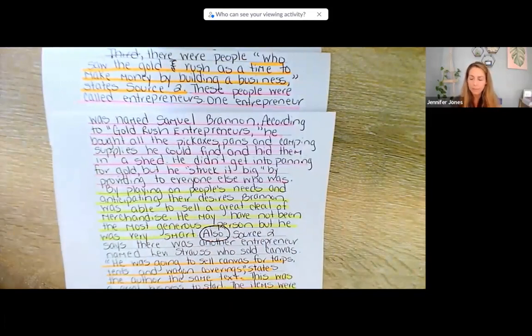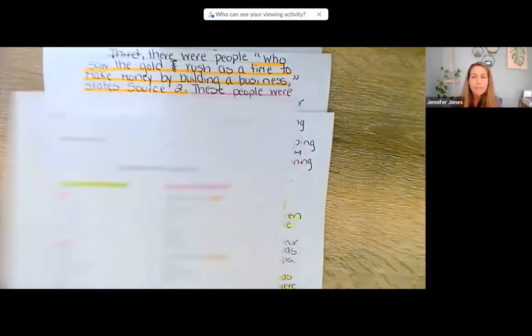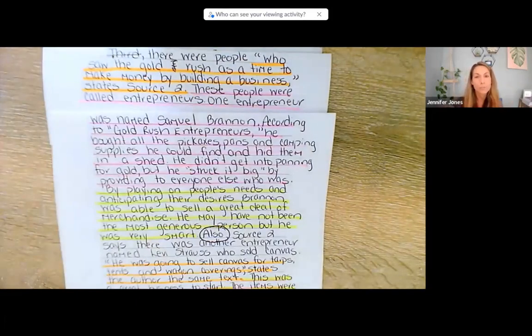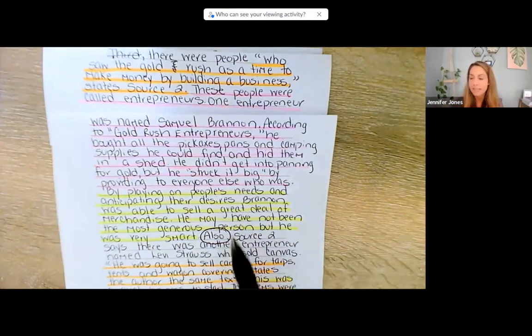So I am showing how things are alike. Now that makes sense because my T3 paragraph is all about entrepreneurs, Samuel Brannan and Levi Strauss. Those two gentlemen are alike. They have something in common. They both are entrepreneurs during the gold rush. So I chose the transitional word also to connect my A to my B.